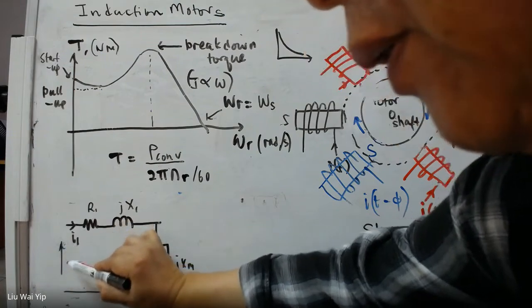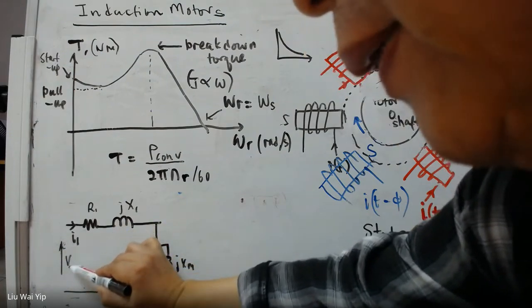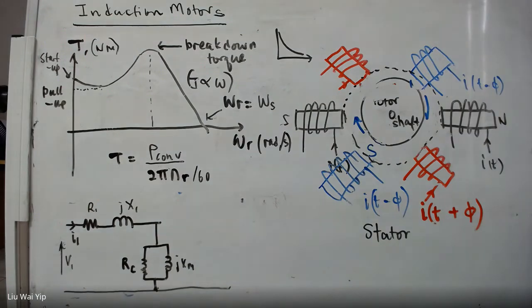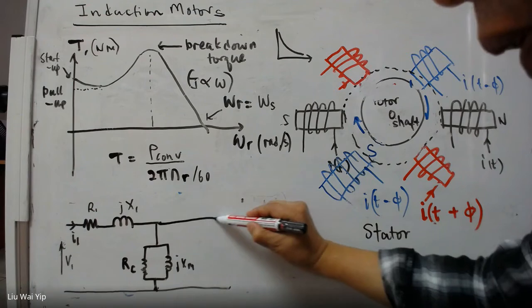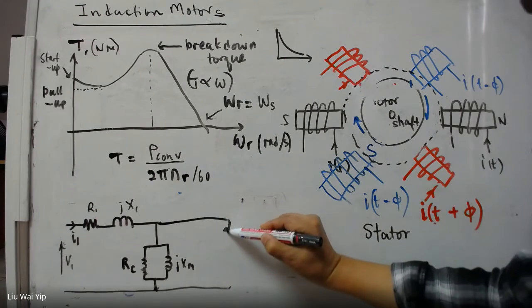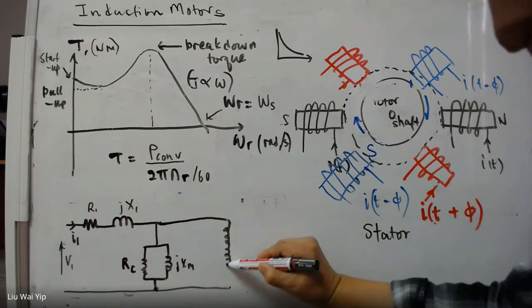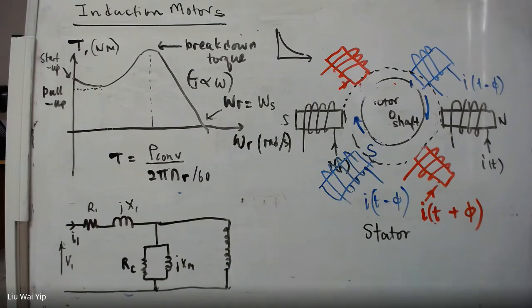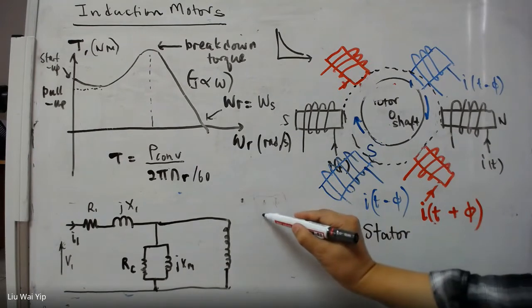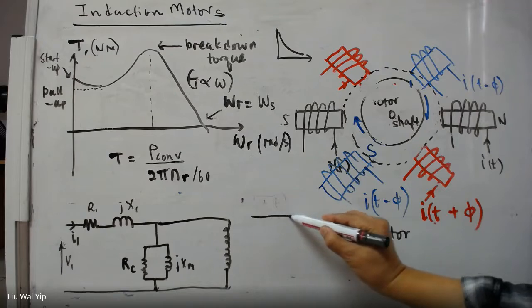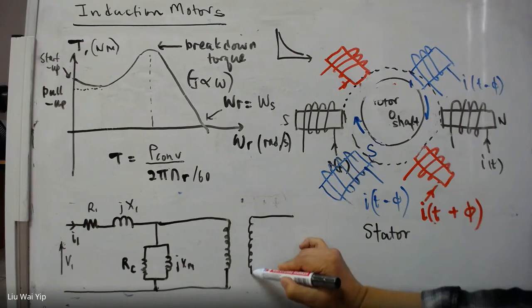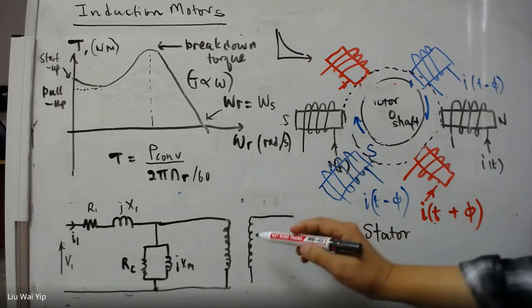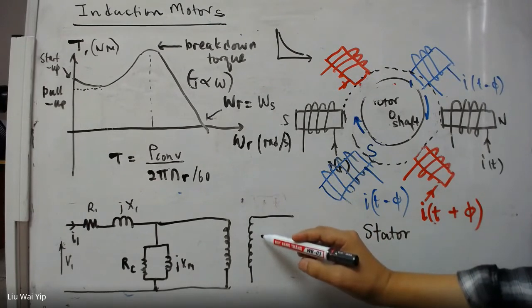And the voltage per phase is V1. And like what I said before, it's just like the transformer. And then the transformer here has a secondary as well.